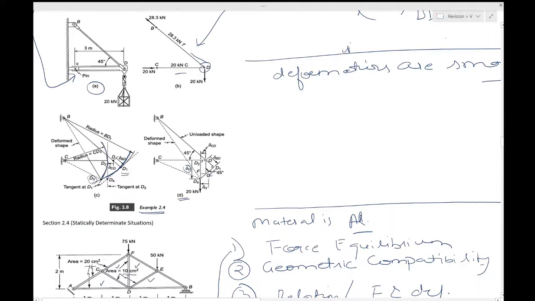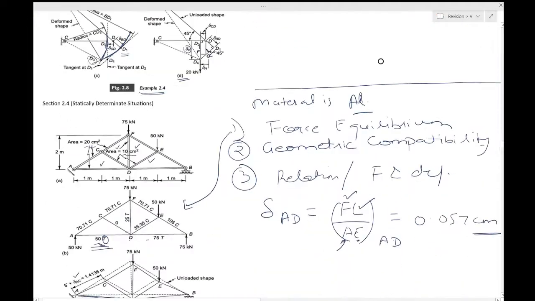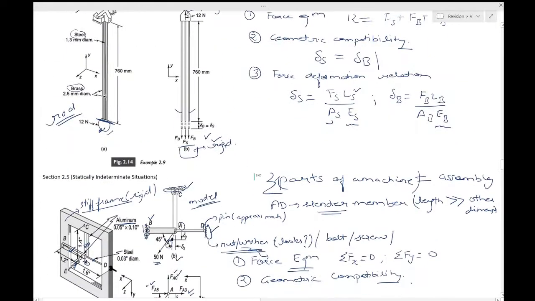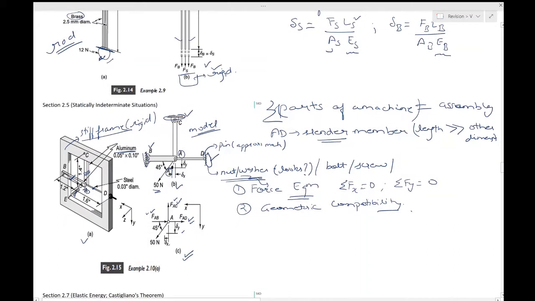Rather than taking an arc at this D2, we took a tangent. So the same approximation we'll apply over here. And the language of all this is very important, because the deflections will be small compared to other dimensions of the stressed and deformed members, that is why you are approximating these arcs by tangents.